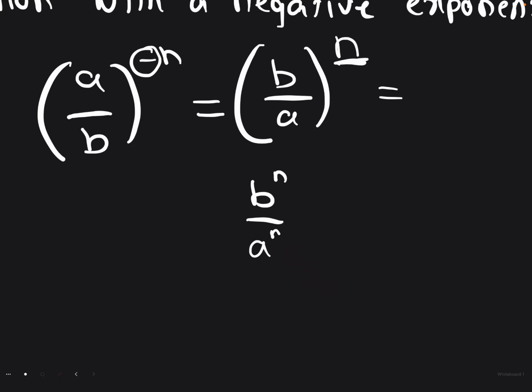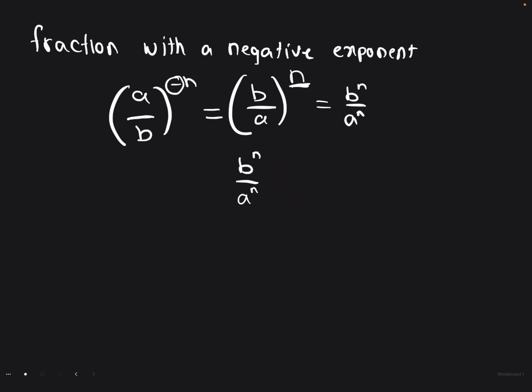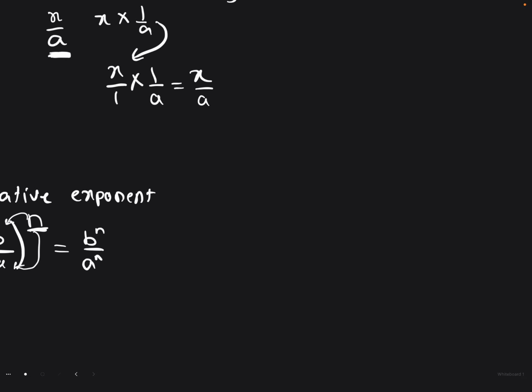So this just becomes b to the n over a to the n. Once more, whenever you're adding exponents to a fraction, you add the exponent to the numerator and the denominator separately. This negative value just reciprocals these two positions. It brings the denominator up and the numerator down. Reciprocal is just when you swap their places, so 1 over 2 becomes 2 over 1.